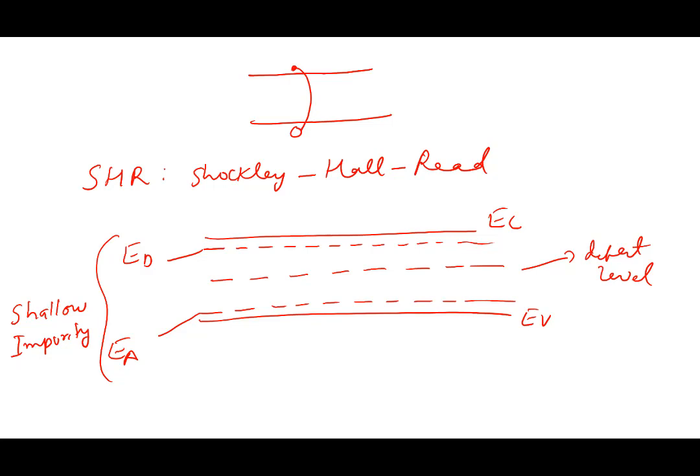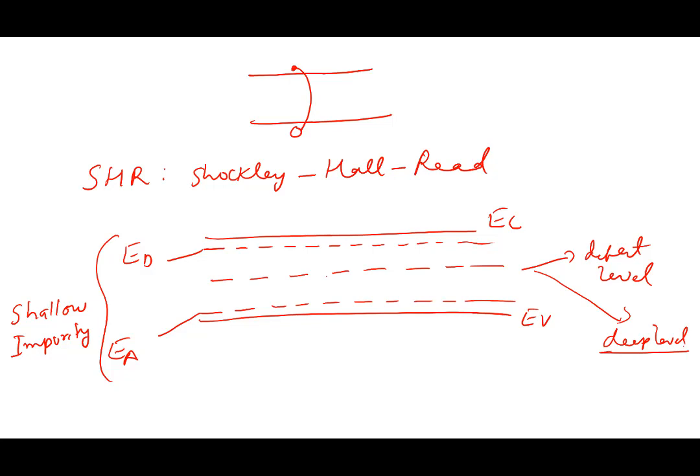What we are talking about today, at least qualitatively, you will see that these shallow impurities do not play a big role in recombination. Recombination occurs due to a defect level that I've shown, which we also call a deep level. A deep level is deep into the energy gap. The energy gap between the defect level and the conduction band or valence band is large.